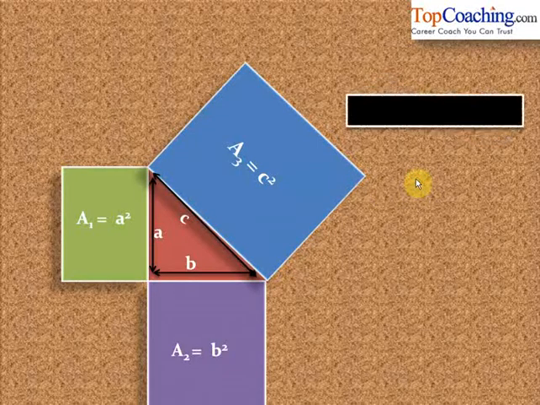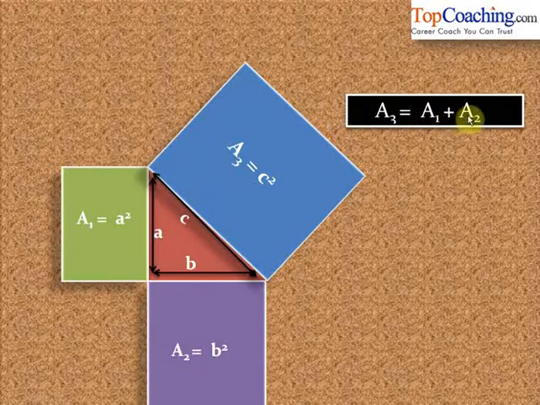According to the Pythagoras theorem, A3 is equal to A1 plus A2. That is, the area of this square is equal to the sum of the area of this square plus the area of this square, and that is what the Pythagoras theorem says.